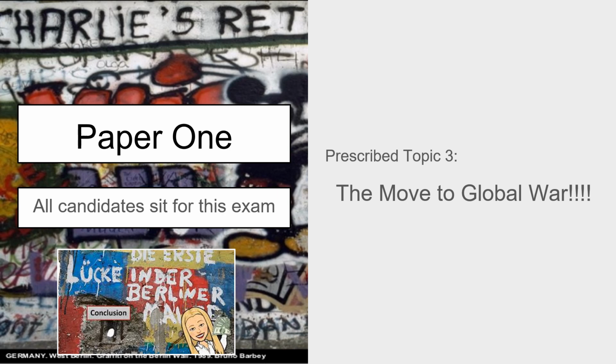Understand that I, as an IB teacher, am giving many topics to choose from. I choose the move to global war because it also coincides, by the way, with wars and warfare and authoritarian regimes, which is your paper 2 topic.